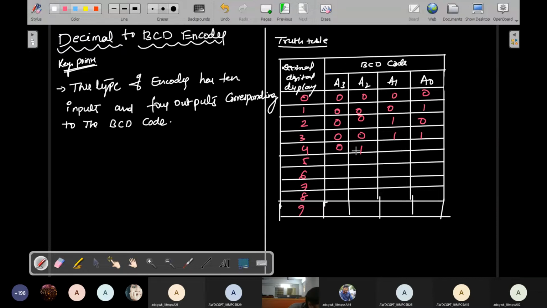Then 4 is 0 0 1 0, and so on, down to the last one, 9, which is 1 0 0 1.